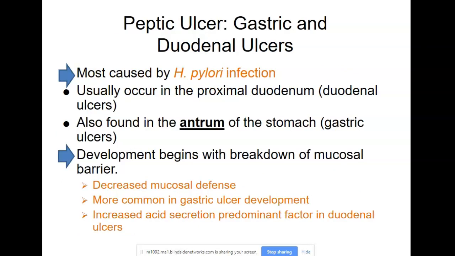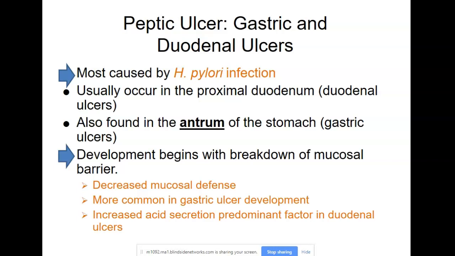All right, so back to H. pylori. H. pylori is really, again, that number one implicated bacteria for stomach ulcers. Stomach ulcers are called peptic ulcers, and duodenal ulcers are going to be the ones in your small intestine.